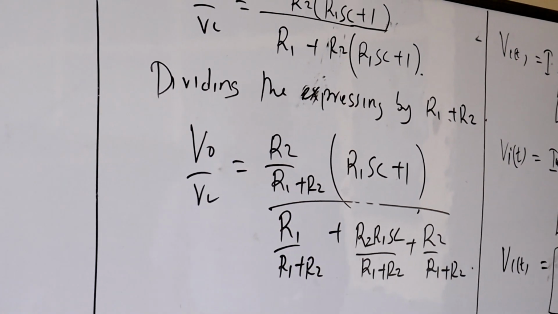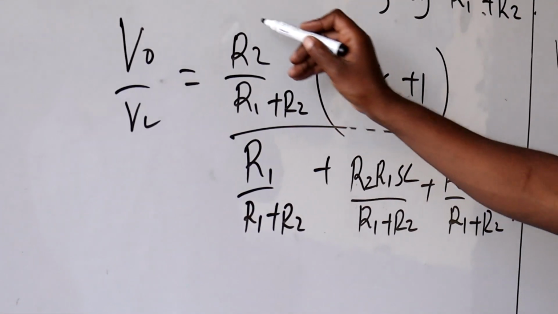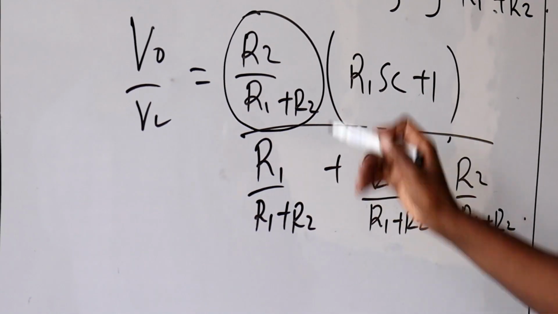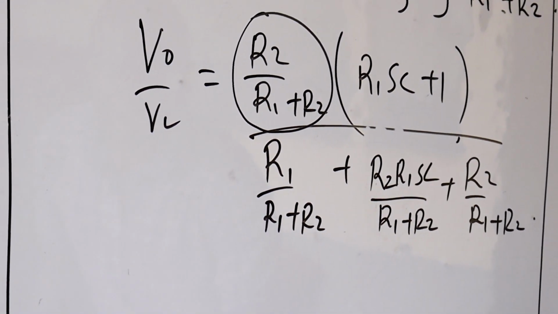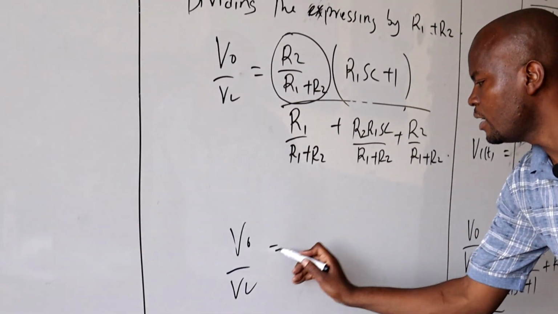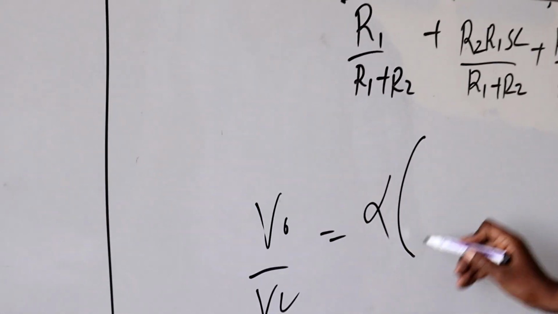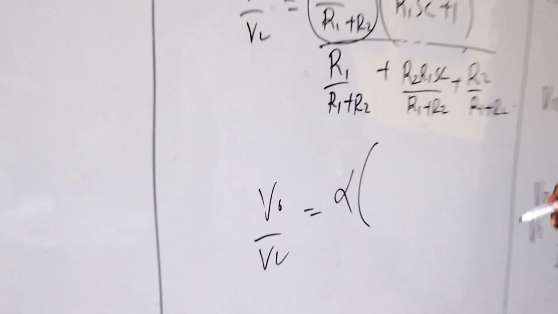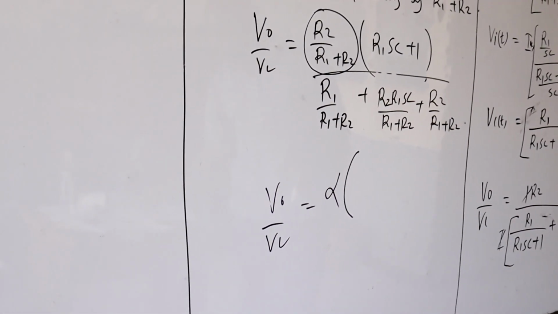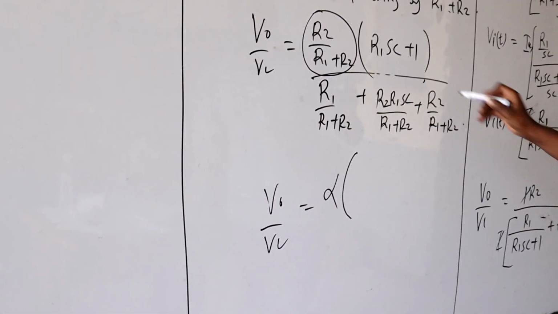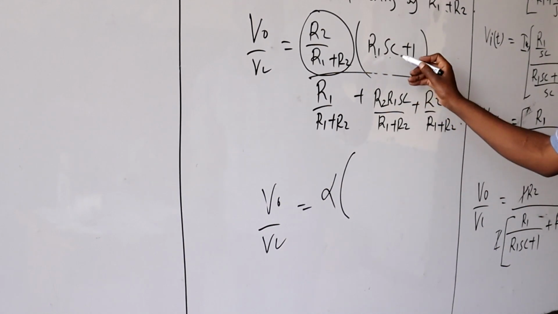So if we simplify this, then this one will become the alpha. So V out all over Vi is going to be alpha into R1 SC. We were told that R1 C is going to be tau.